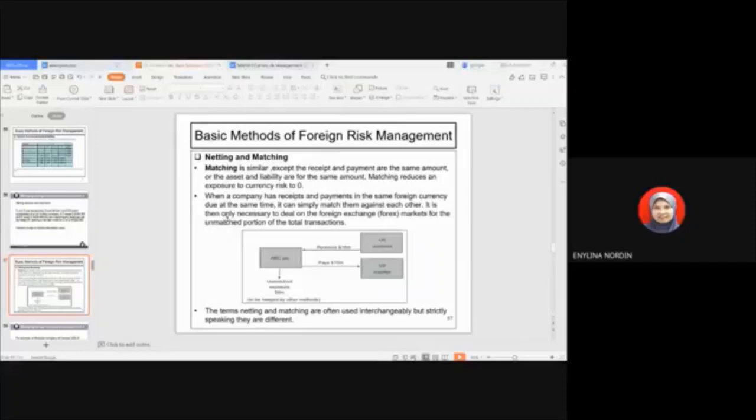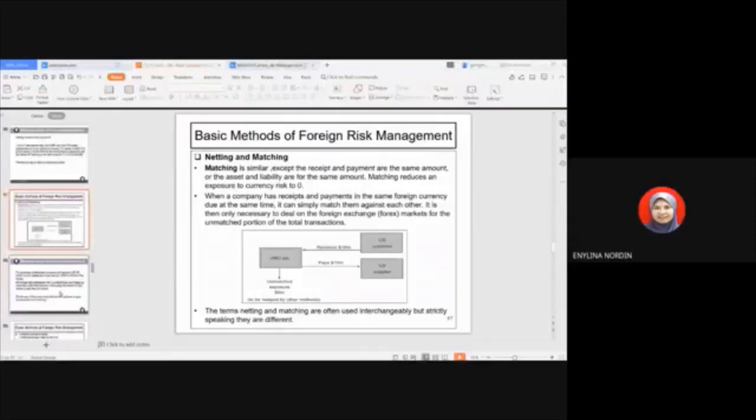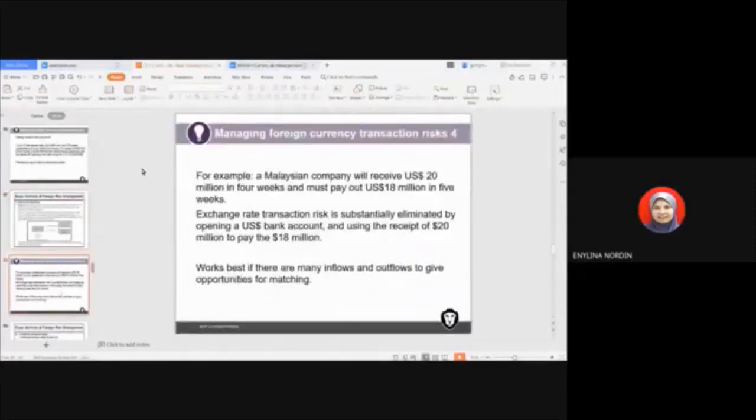It is then only necessary to deal on the foreign exchange market for the unmatched portion of the total transaction. So the terms netting and matching are often used interchangeably, it means it's just the same, but strictly speaking, they are different. Okay, this is the example.